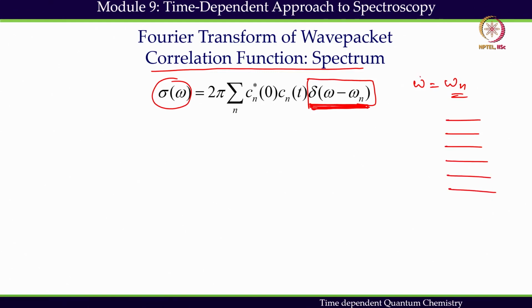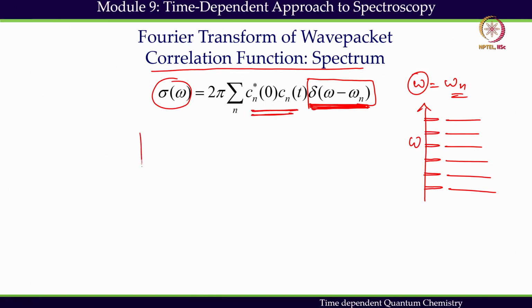Omega is continuously varying, so I vary omega continuously, and I will have a function value only when the states match this omega. So I will get a spectrum, and that's all about spectroscopy, energy resolved spectroscopy. I get the energy states, which are modulated by this function.